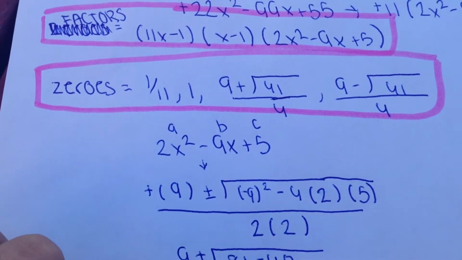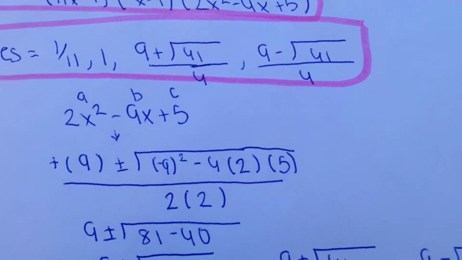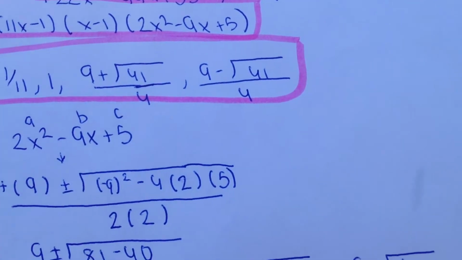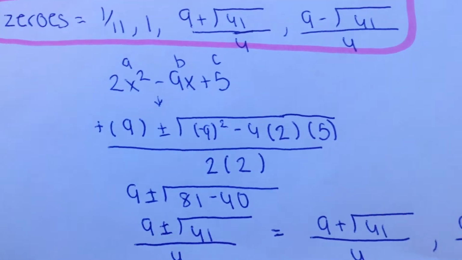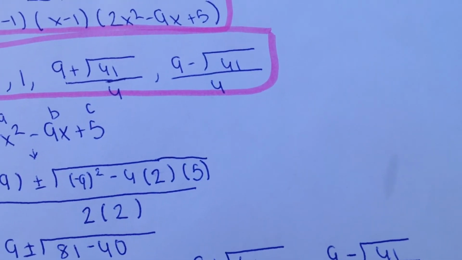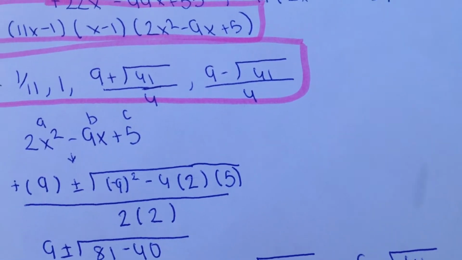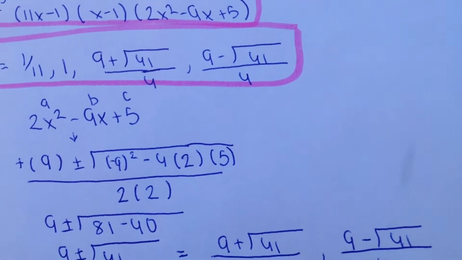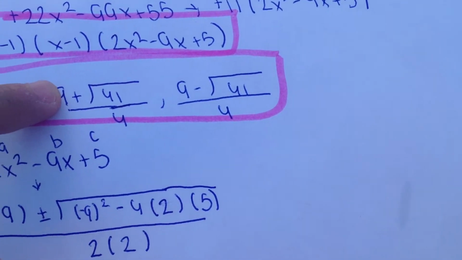So 9 plus or minus radical 41 over 4, and we have to break that up into two because we can't keep it as plus or minus. We have to change it to just plus and just minus. So we end up getting 9 plus radical 41 over 4 and 9 minus radical 41 over 4. So those end up being our zeros.